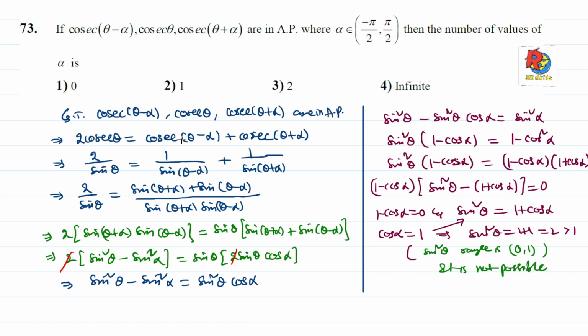So there are no values of alpha. So option 1 is the correct answer. Zero solutions and 0 values of alpha is possible. That one you need to remember. Next one.